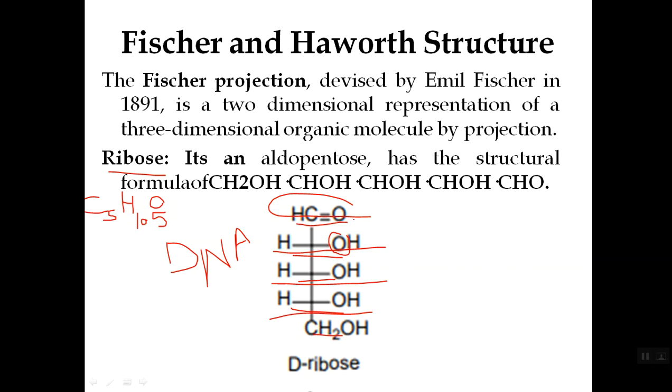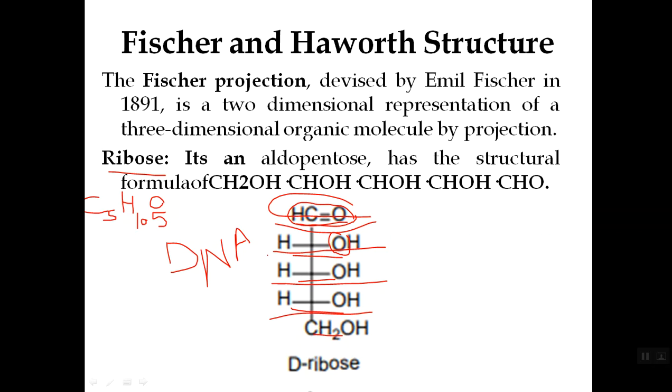In Fischer projection, CHO will be placed at the first carbon atom, or the second carbon atom in case of ketoses. Since it is an aldose pentose, the aldehyde group is placed at the first position on the top of the projection structure.